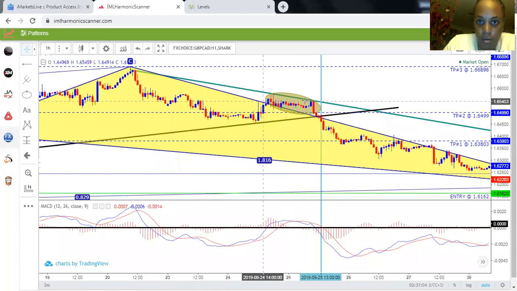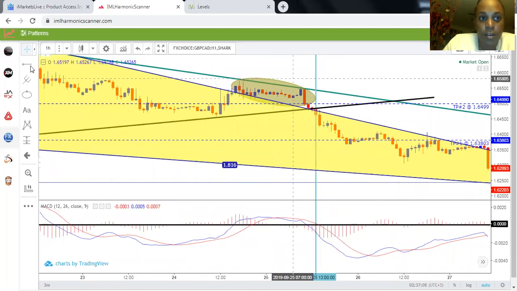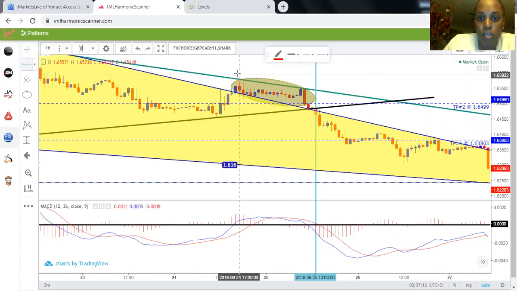So the most recent mountain top is where you're going to place your stop loss, but just a little above it. So you're going to give it room. Instead of putting it right here, I'm going to give it a little room and place my stop loss here.